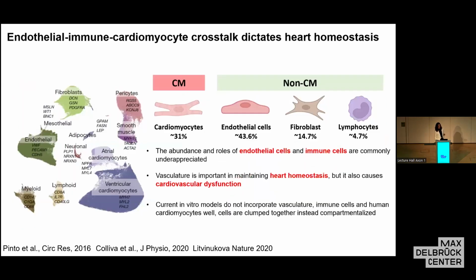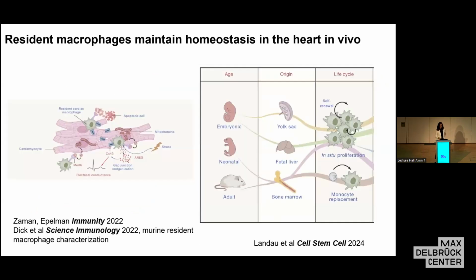So working with Slava Eppelman and relying on these more recent single-cell sequencing studies, it became really apparent, in the heart, there are cardiomyocytes. We know that. And there is endothelial cells, there is fibroblasts, but there is a lot of immune cells. And one of those very important immune cells are resident macrophages.